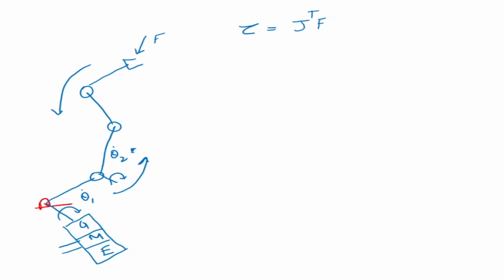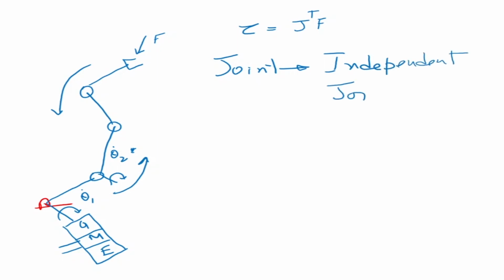Some things to note here: the control at the joint level is independent joint control, which means that the controller only sees what angle it has to move, and it moves it by that angle. It does not consider the effect of the other joints on this joint.